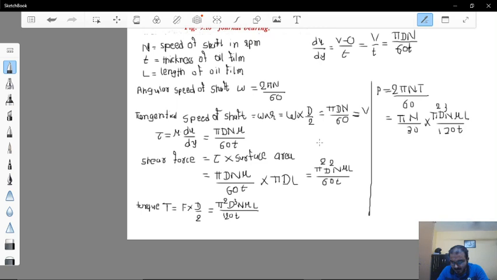Are we missing something? No. So we can write P is equal to pi cube N square d cube mu L upon 60 cross 60 cross t.